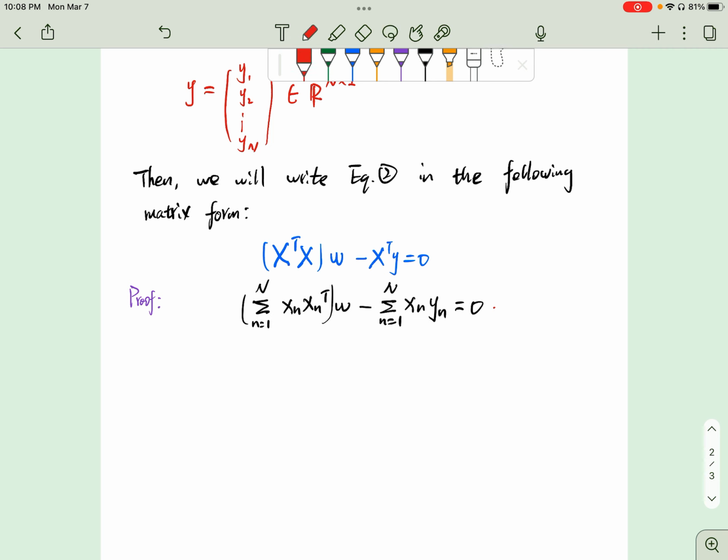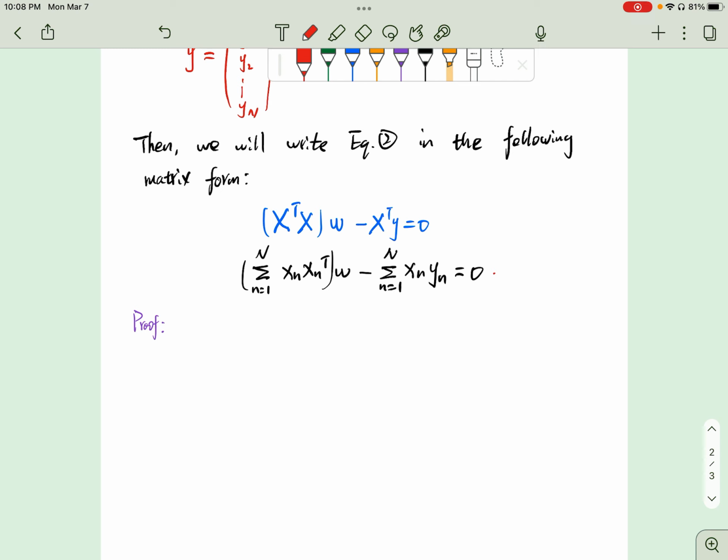If we can prove that these two terms in the red circle are the same, the omega is not changed, so we can prove everything. So now let's prove it.